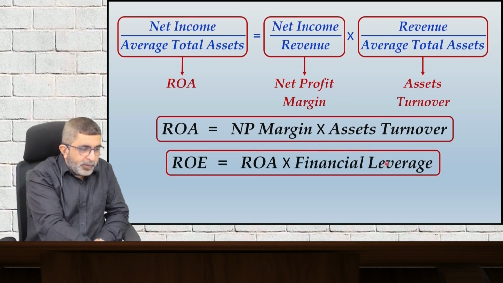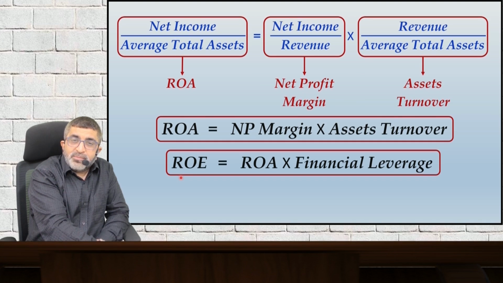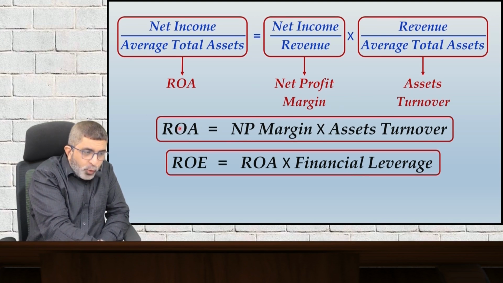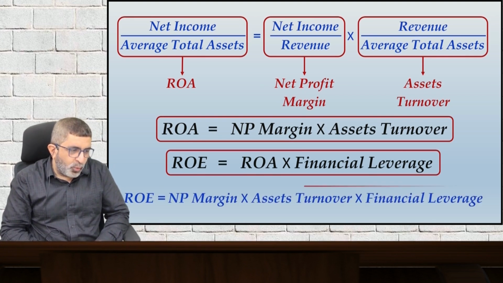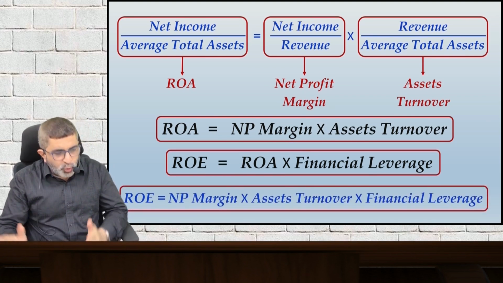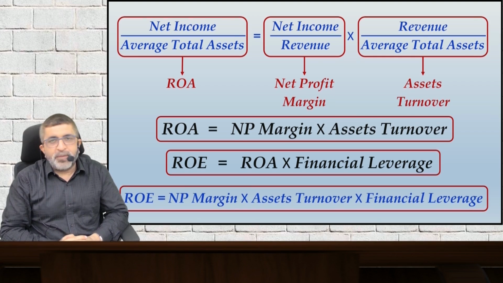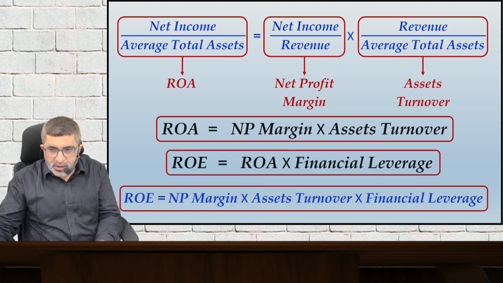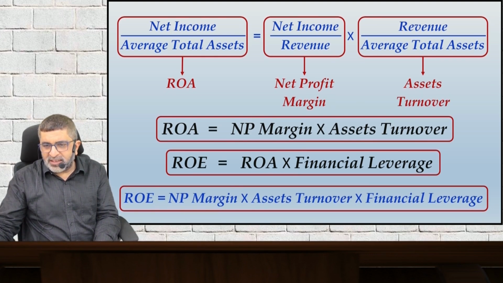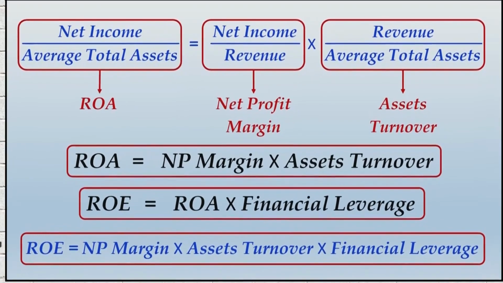So logically we are cracking this term return on equity, which is return on assets into financial leverage, and return on asset itself, as explained, is net profit margin into assets turnover. So return on equity will be net profit margin into assets turnover into financial leverage. So don't rush with anything. Please carefully take note of this entire thing, and then I take you ahead.